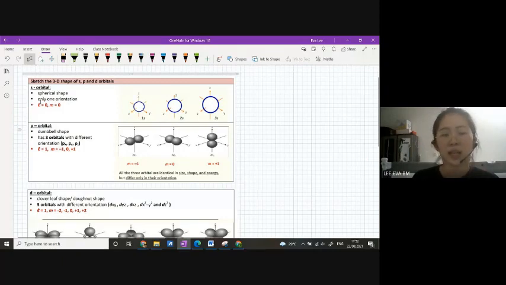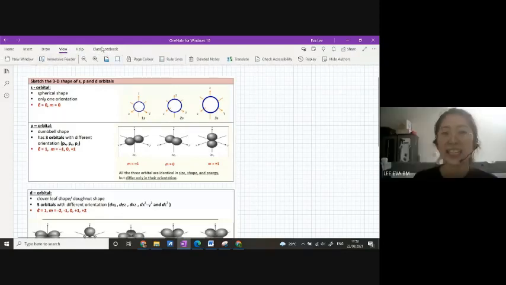And when you see the values, L equals to 0, we represent the S shape. The value of M you only have 1, which represent one orbital. So ini semua adalah satu orbital saja. Yang ini adalah satu S. Ini 2S. Ini 3S. Apa perbezaan antara tiga benda ni? Size.